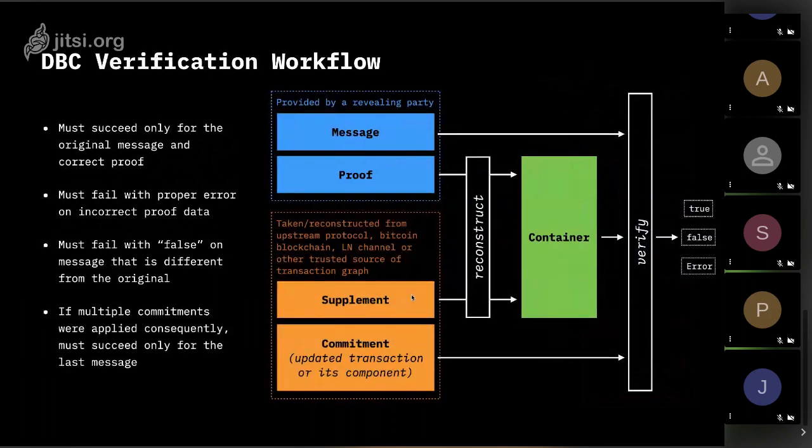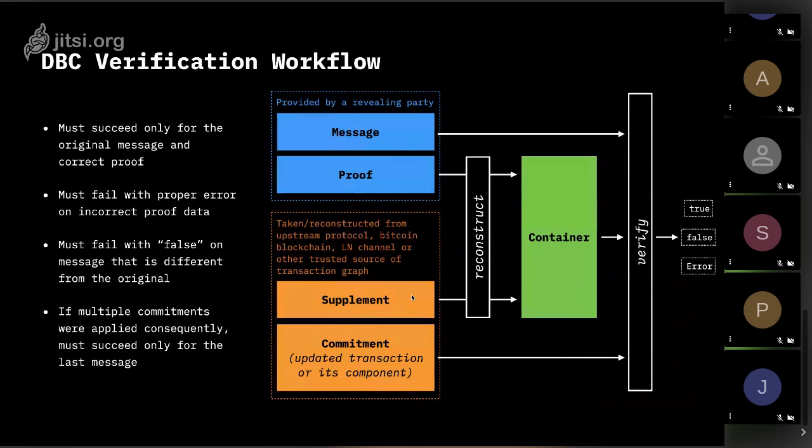And then, having a container, the message, and taking the commitment from the transaction graph, like a transaction itself, from a trusted source, we run a verify procedure with these three components, which either can fail, because, for instance, it wasn't provided properly constructed data, or return true or false, meaning that with true, the commitment is valid, the message you have is actually committed with this commitment, and false if it is not, if it is a wrong message or a wrong transaction.